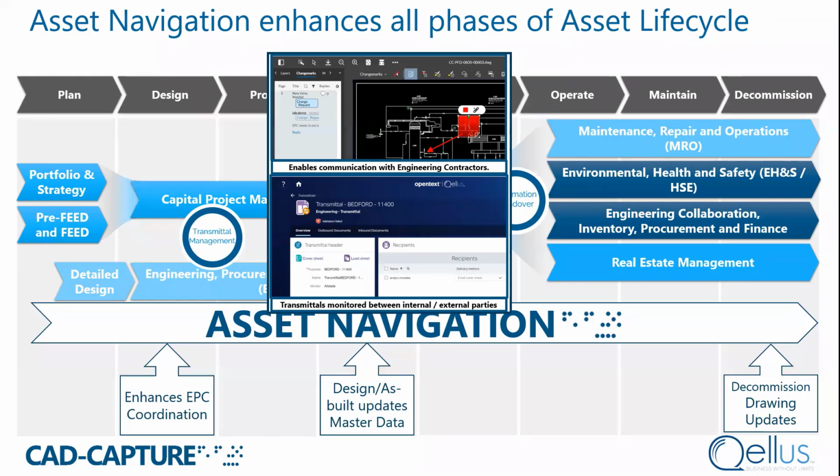The reason I started with this asset lifecycle is that these capabilities that you're seeing now with annotation, views, navigation, transmittals are used during the initial design. They're used whenever we do an as-built and we make changes before we commission or during commissioning, and also during that decommissioning phase.